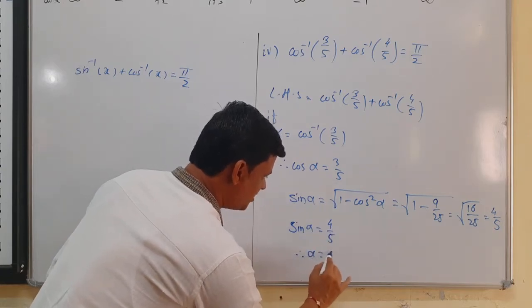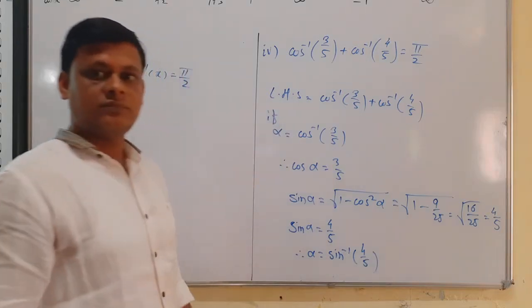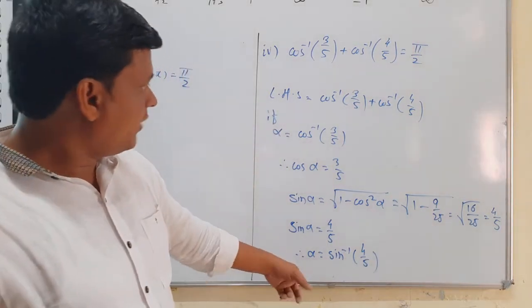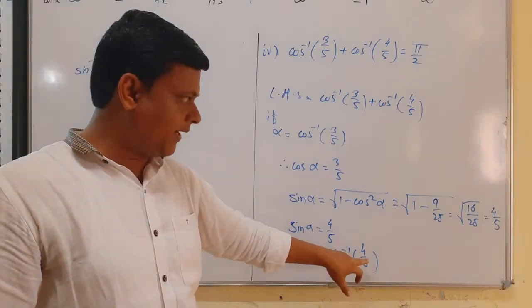Therefore alpha is equal to sin inverse of 4 by 5. Now we get the value of alpha in terms of sin inverse 4 by 5.